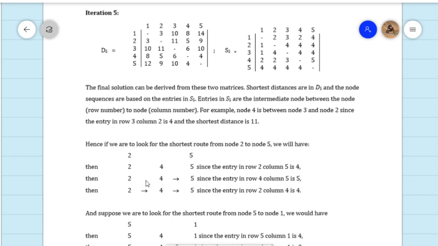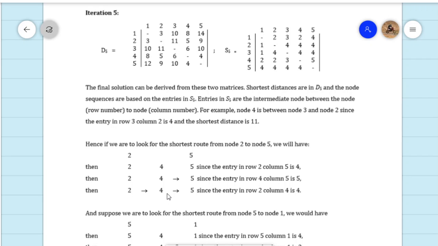Next, we determine what is between 2 and 4. So we look at the entry of row 2, column 4. Row 2, column 4, that is 4. So already 4, so the route would just be from 2 directly to 4.